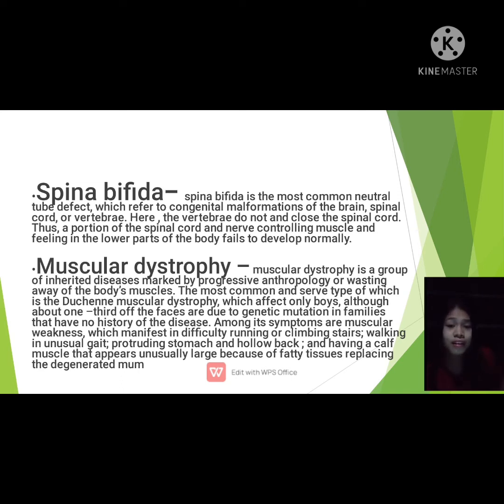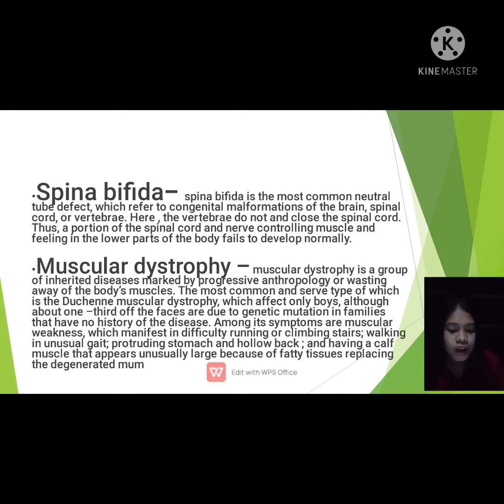Next naman sa muscular dystrophy. Muscular dystrophy is a group of inherited diseases marked by progressive atrophy or wasting away of the body's muscles. The most common and severe type of which is the Duchenne muscular dystrophy, which affects only boys, although about 1/3 of the cases are due to genetic mutation in families that have no history of the disease.